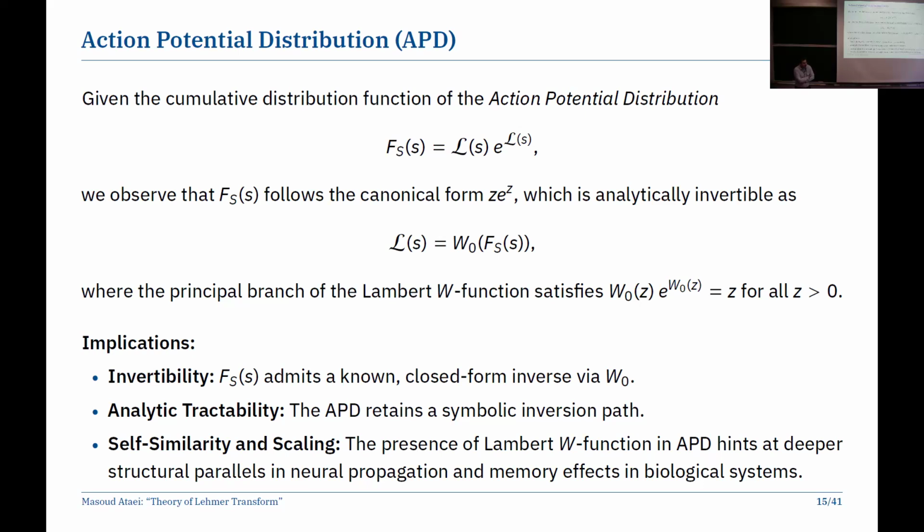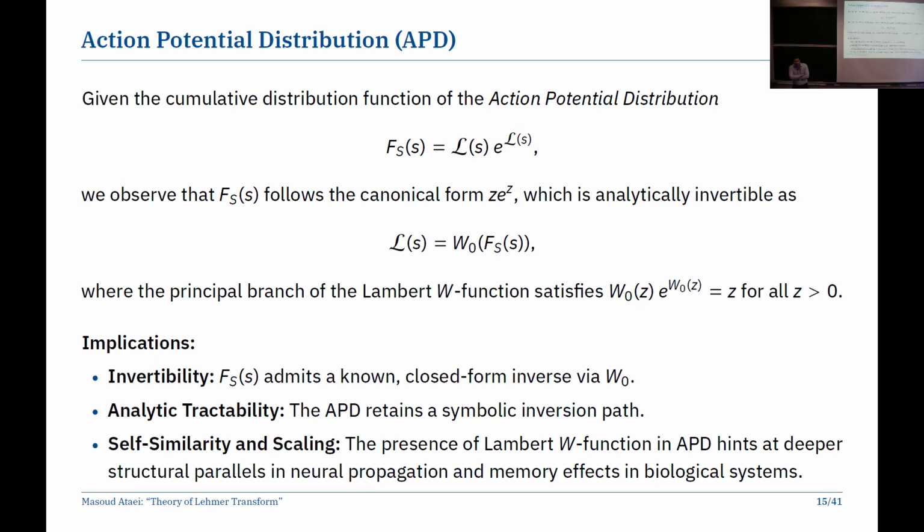This has various implications. The first one is that it enables us to find the inverse of the CDF in closed form using the Lambert W function. It is also analytically tractable, and one can find different properties of the distribution like moments, PDF, and entropy in closed form by using the properties of the Lambert function.